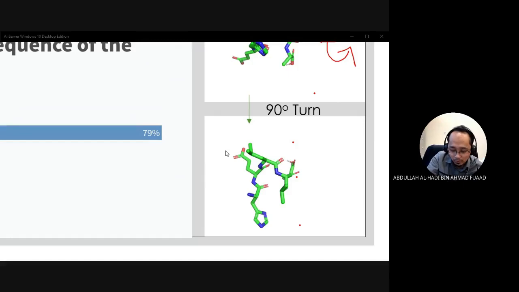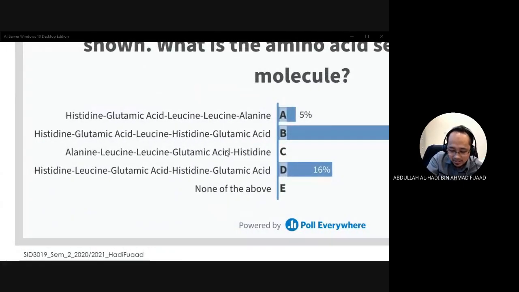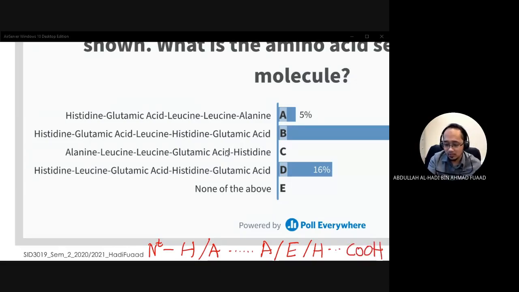So when we write a sequence like this, what it means is that you have your histidine or alanine on the N terminal, and then towards the end on the C terminal, you either have an alanine or glutamic acid or histidine. Okay, and then this one is the COOH, carboxyl acid group.